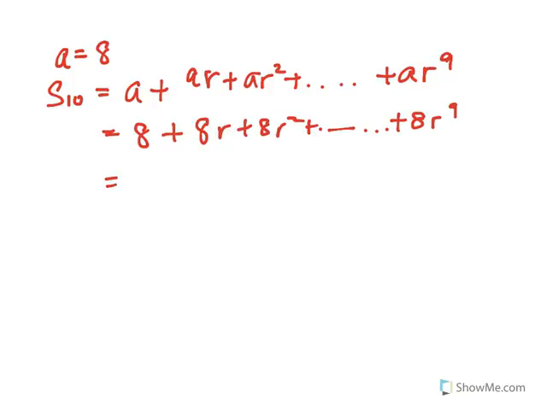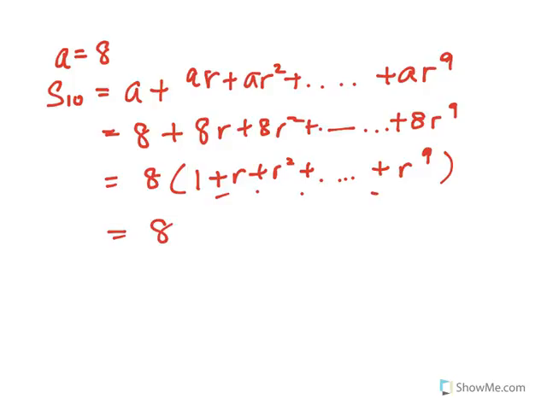So what you can do is take out the 8. You have 1 plus R plus R squared, all the way up to R to the power 9. Taking a look at this, we can write it in the form of a GP formula.